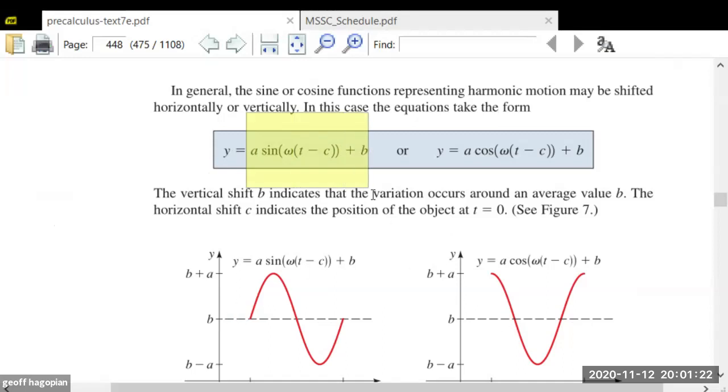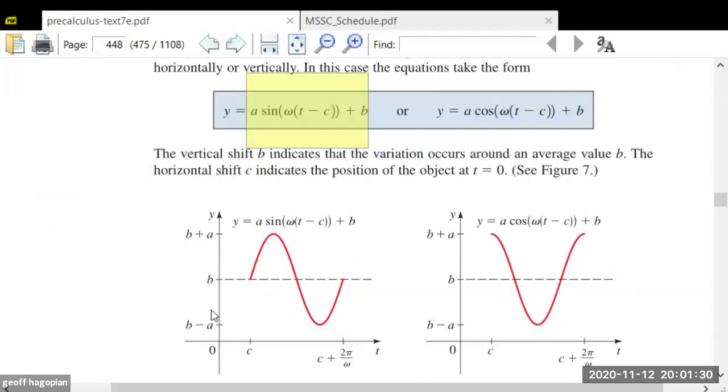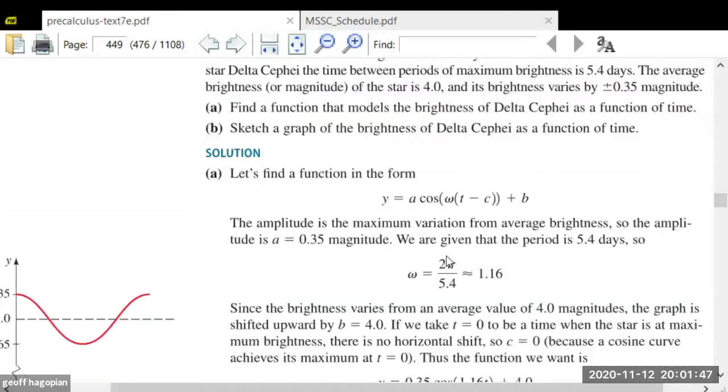So you've got a horizontal shift, you've got a vertical shift by B, and you've got an amplitude A. So you're oscillating between B minus A and B plus A. That's the amplitude of oscillation, centered on the equilibrium of B. And you've got a wavelength. So the shift is C, and then a wavelength of 2 pi over omega, right? So you get one complete waveform.